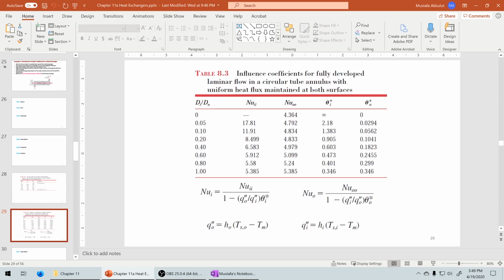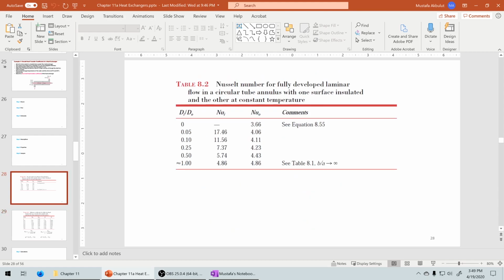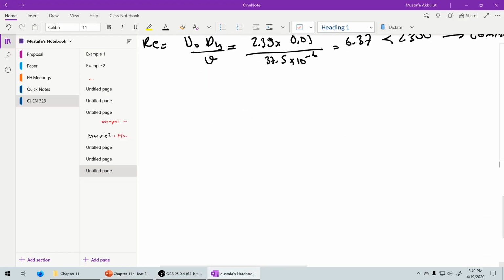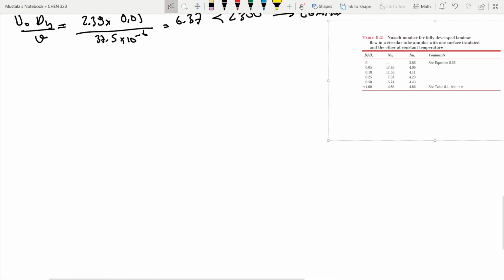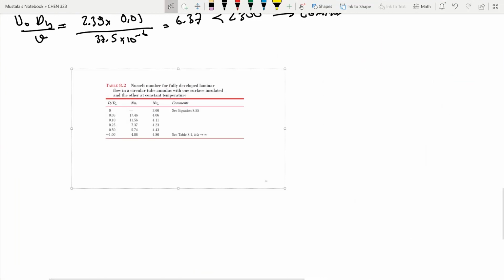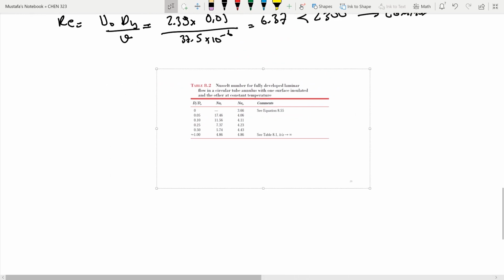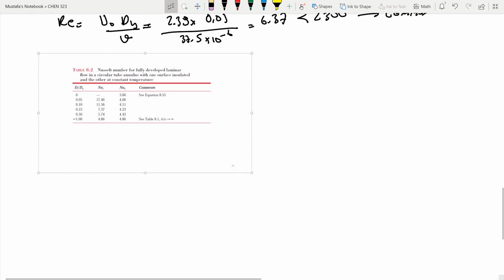So we need to go back to this table. This is the table in chapter 8, so we talk about this in your textbook, in the previous slides.